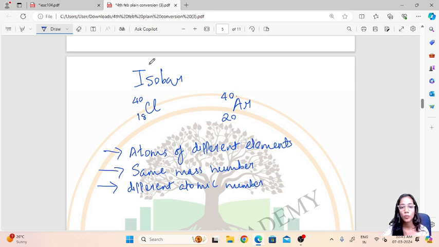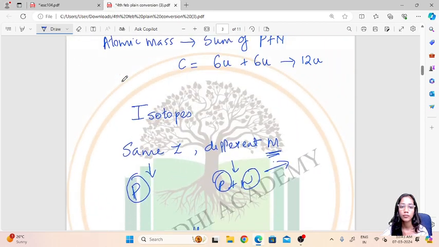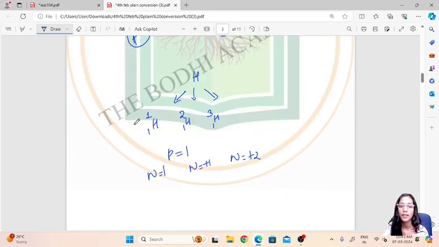For isotopes, the definition was atoms of the same element having the same atomic number but different mass number. Okay, so first of all, you will see that all are atoms of the same element.